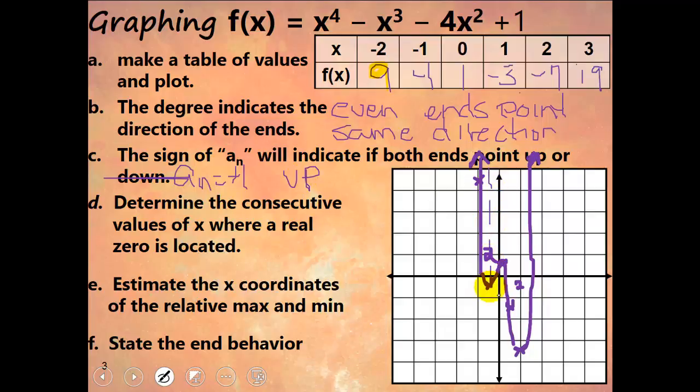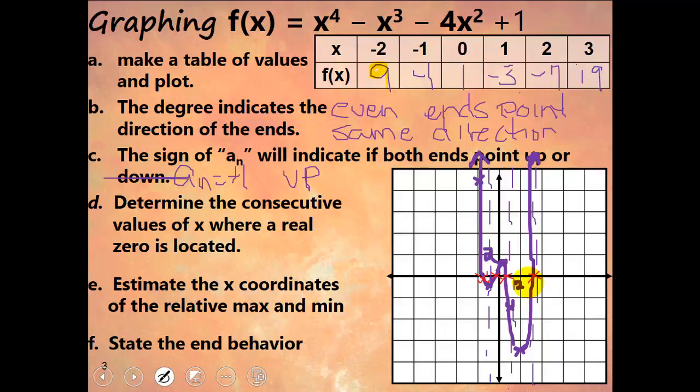So this is negative 1, and then here is positive 1, and then this is 3. My zeros, where it crosses, let me mark them in red here. I have one here, one here, here, and here. So I have 4 of them.